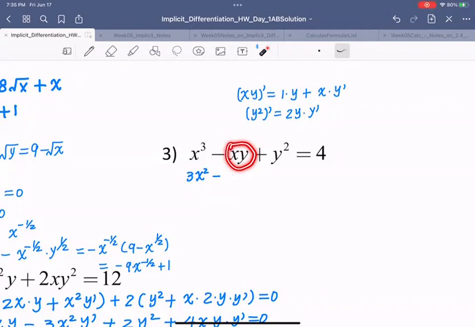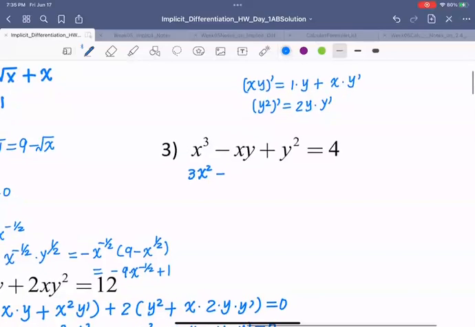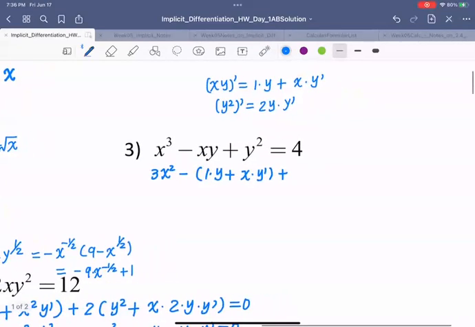This would be y, and x's derivative is 1. Yes, copy down the y: y plus x times the derivative of y. Good. And plus 2y times the derivative of y. Excellent. Is equal to 0. Yes. Good. Next step.